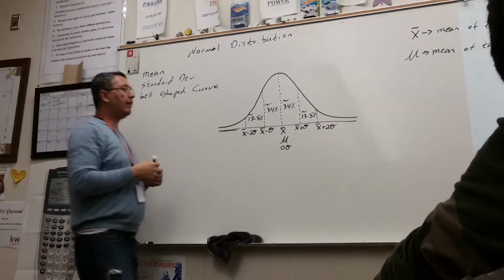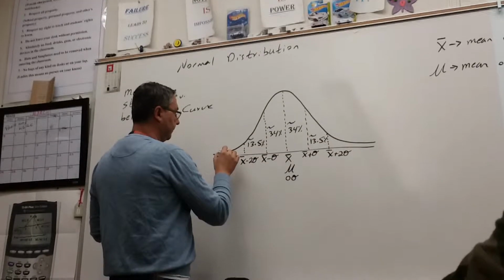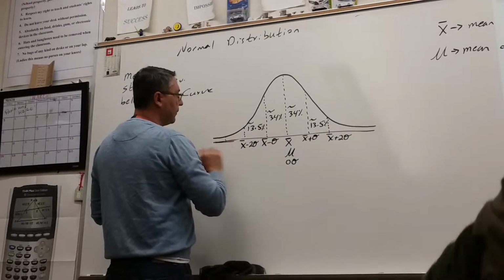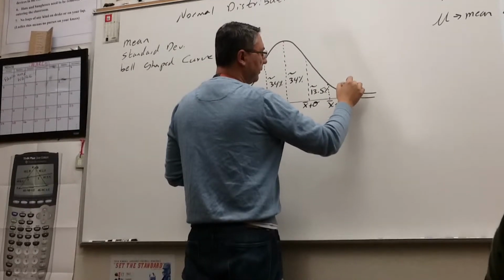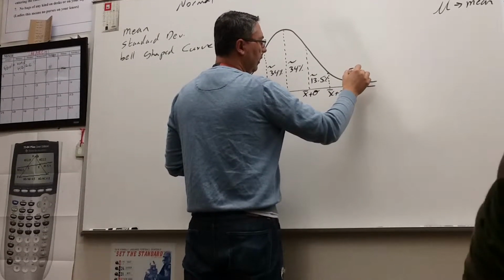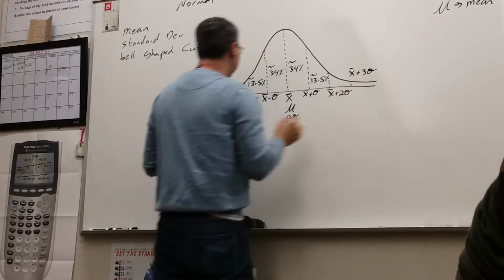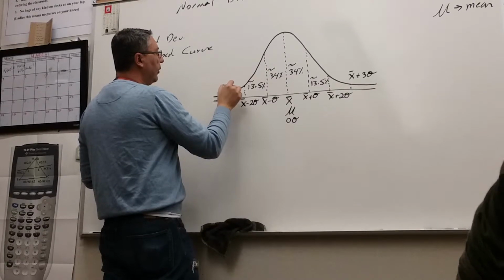How much do I have left? So then what would this one be? X bar plus 3 sigma and X bar minus 3 sigma.